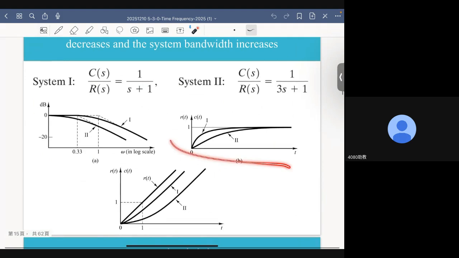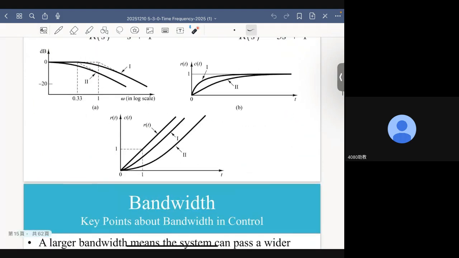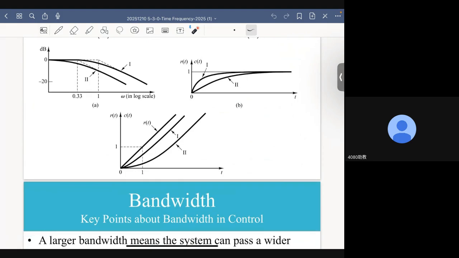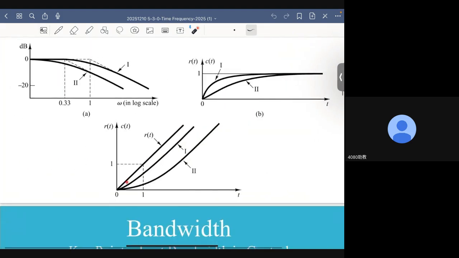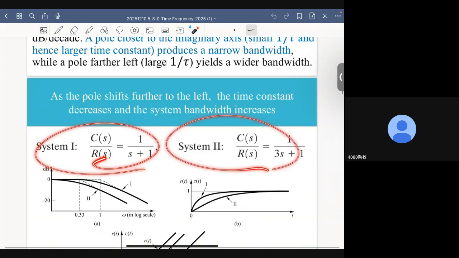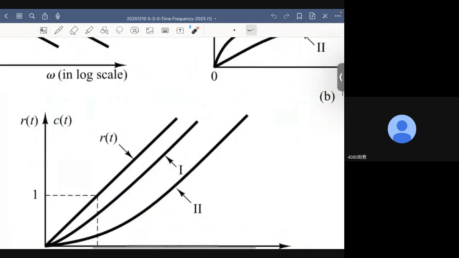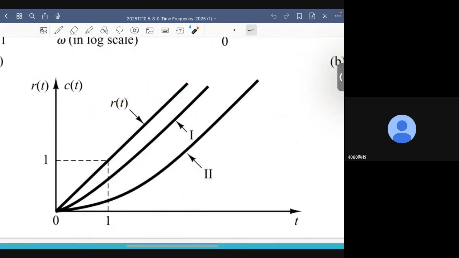Now, this is for unit step response. Now, if my input, which is the target output, is this, a linear function, and these two curves represent the responses of these two systems. Again, as expected, system 1 is faster than system 2.